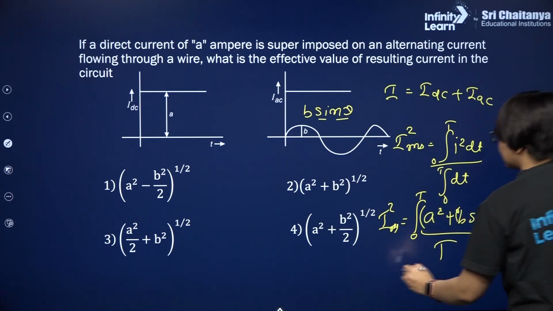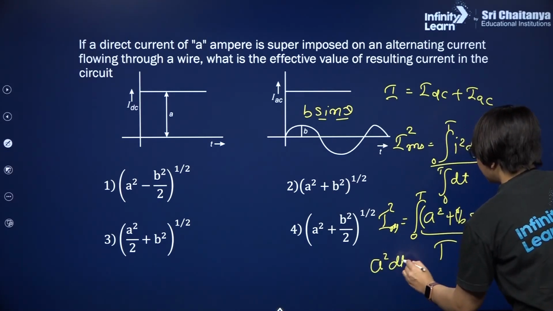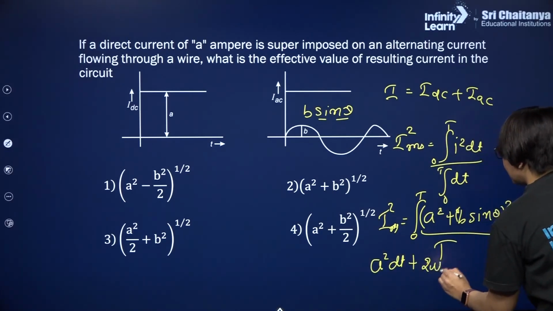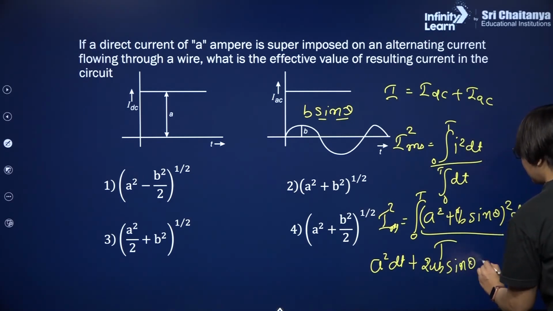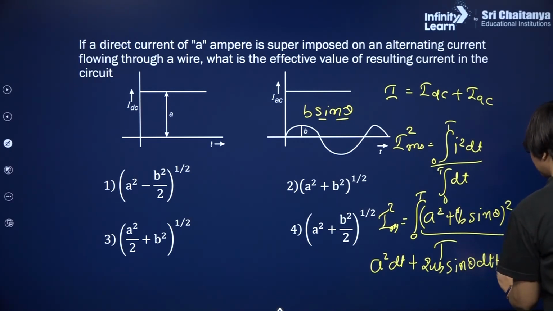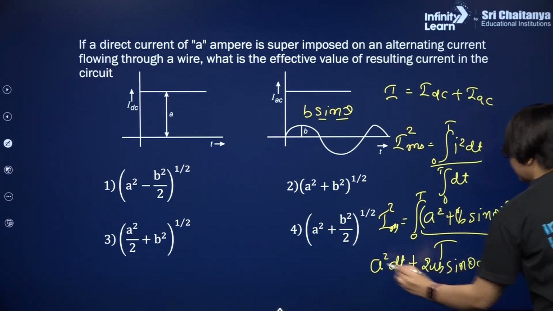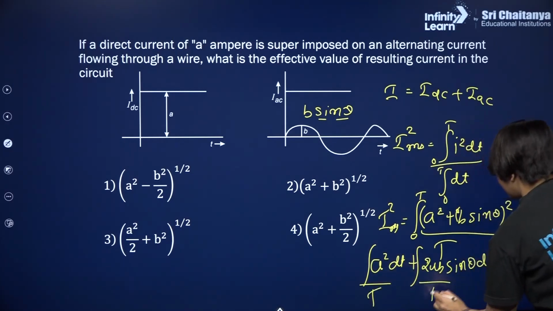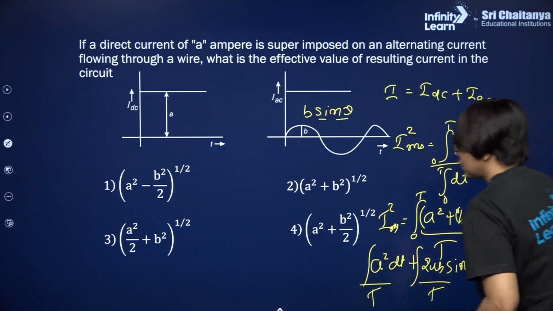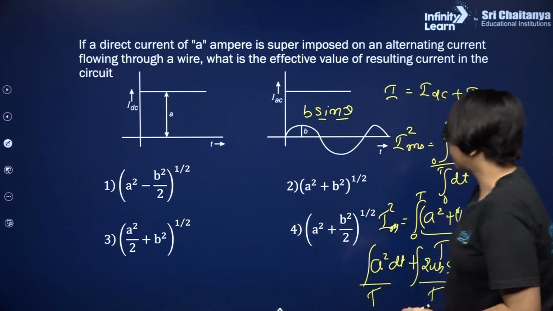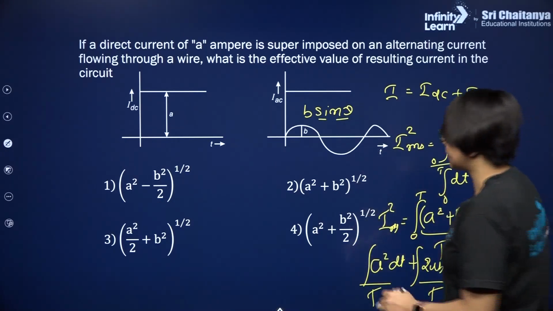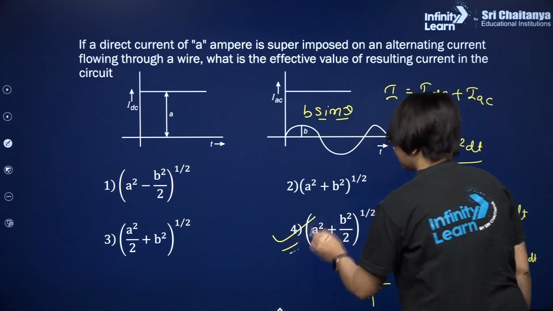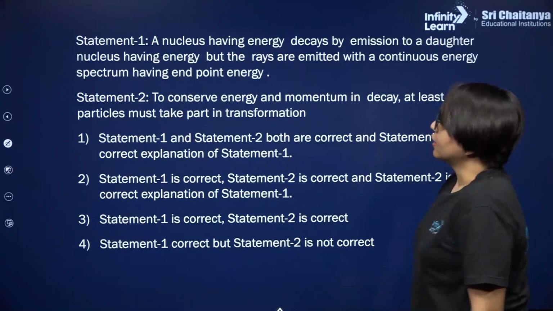So you can write it as A square dt plus 2AB sine theta dt plus B square sine square theta dt, and integrate all these terms individually, divided by T, right. So you will get the effective value of this current as (A square plus B square by 2) to the power 1 by 2.